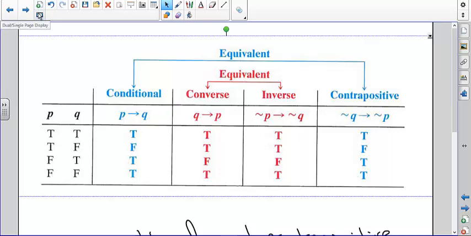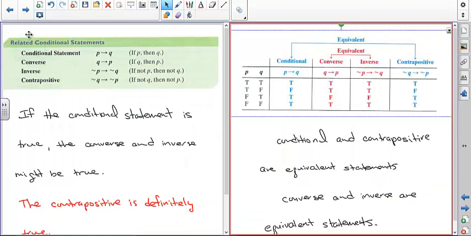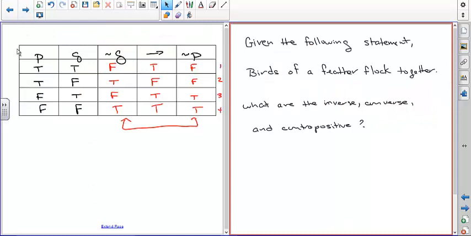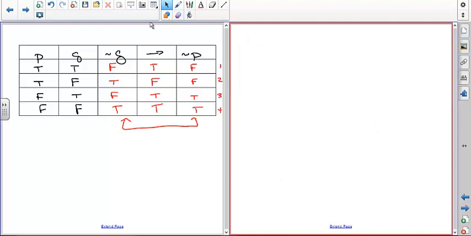Let's look at an example. Actually, I was going to use, that's the second example, but let's do the first example. The first example is the one that I used the other day.